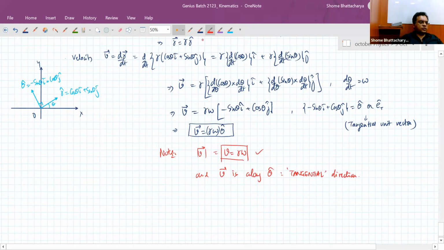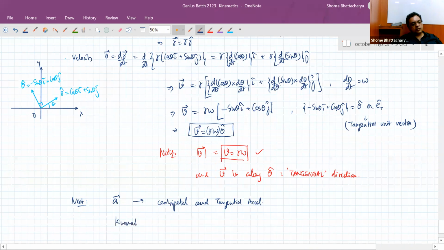So with this, people, we will conclude today's session, but next session, we will look at acceleration. In that, we will look at two types of acceleration, centripetal and tangential acceleration. Then next, we will look at kinematics of circular motion applications, problems and all.